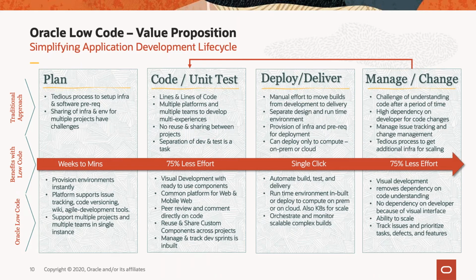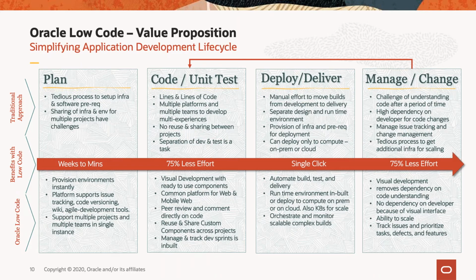The second one is coding and unit testing, right? You need to code your application, test it, and make sure that you can share it. Then once you have done your development, you're going to deploy and deliver it into a development or production environment. And once new changes come in, you need to manage and deploy all of these and make those changes.